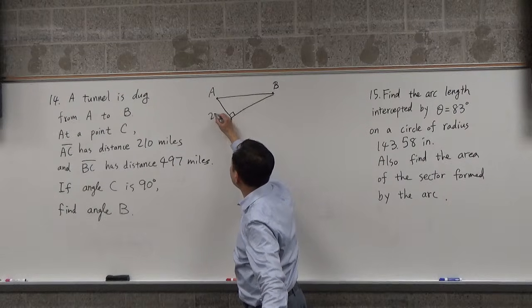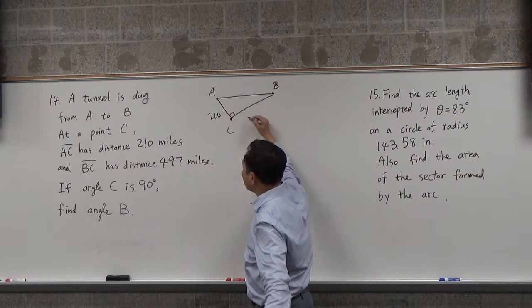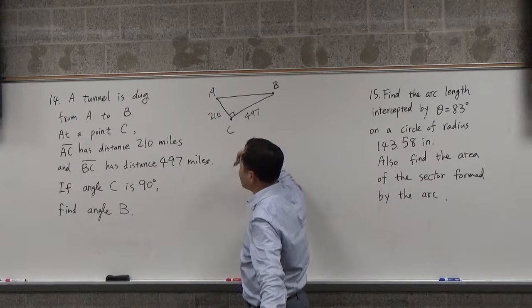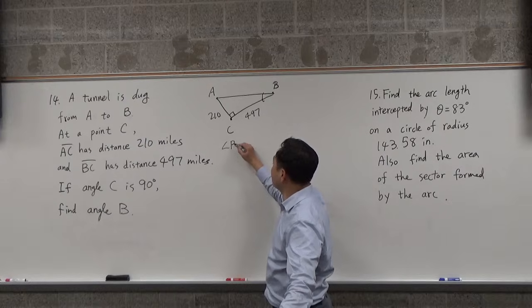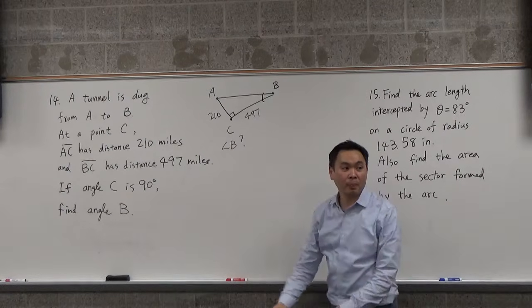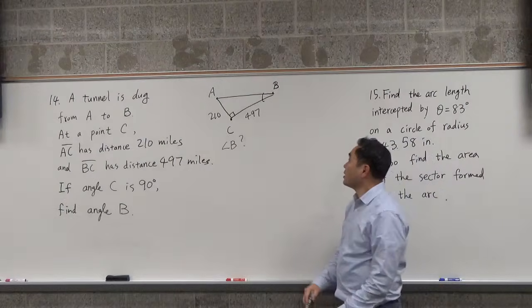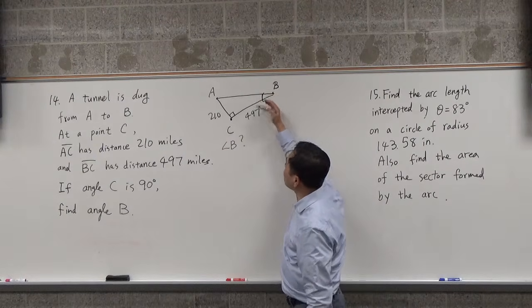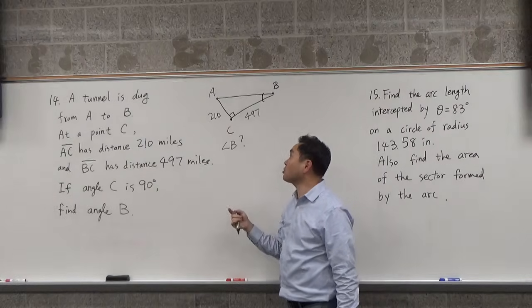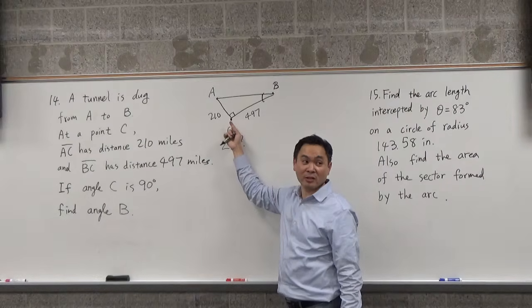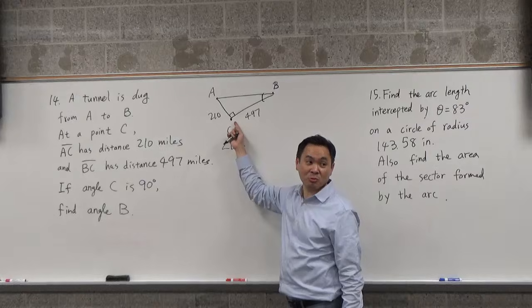AC is 210 miles, BC is 497 miles, and from this picture it's asking for this angle B. Now, with respect to this angle B, which one of the three trig functions is easiest to calculate? Sine, cosine, or tangent?